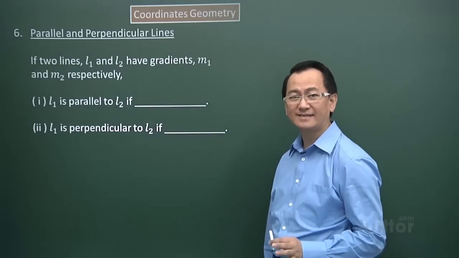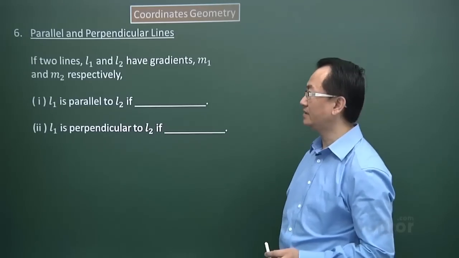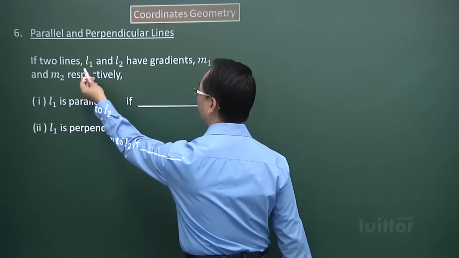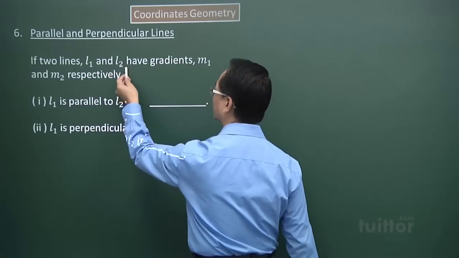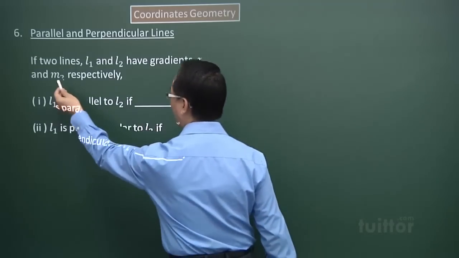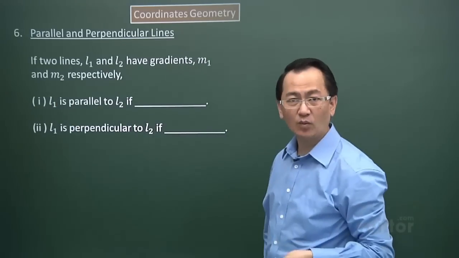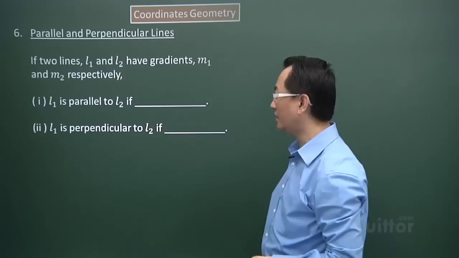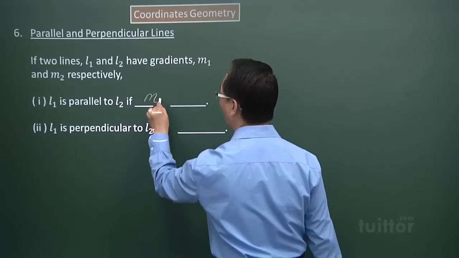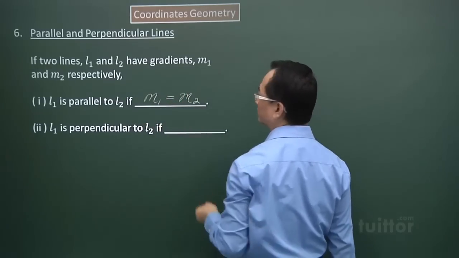Now for point 6, we look at parallel and perpendicular lines. If the two lines are L1 and L2 and their gradients M1 and M2, then when L1 and L2 are parallel, M1 equals M2.